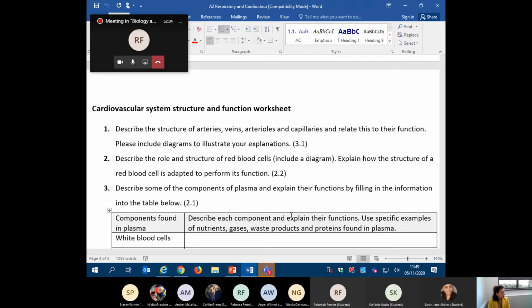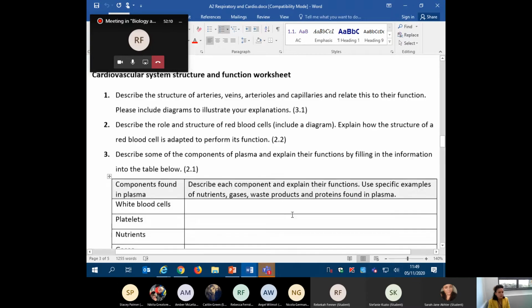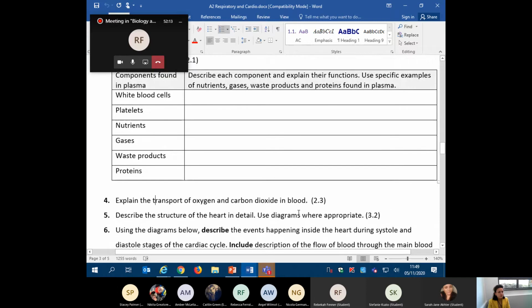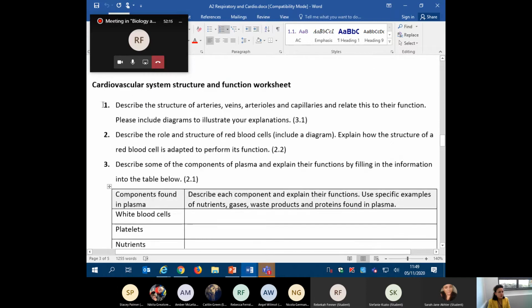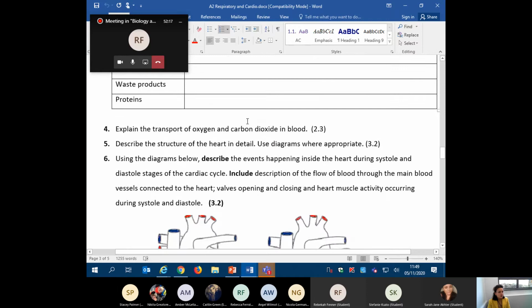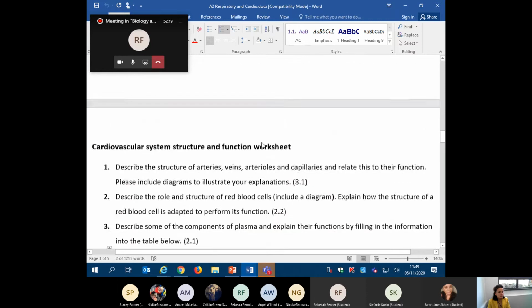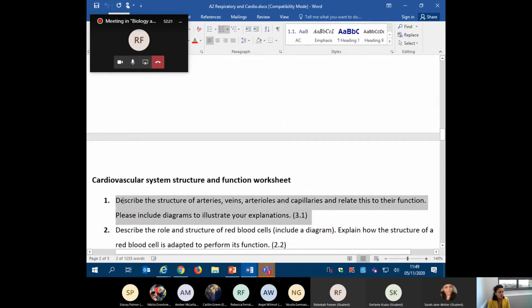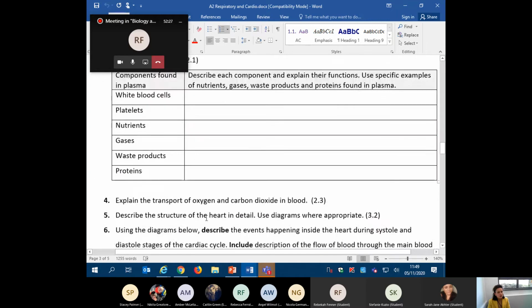You have a couple of hours to sit down, write it all up, do a bit of extra research, and that's done. Okay. So that's where we are. Next week we are looking at transport of carbon dioxide, that bit, and we are looking at the blood vessels. Okay. So that's the aim for next week.